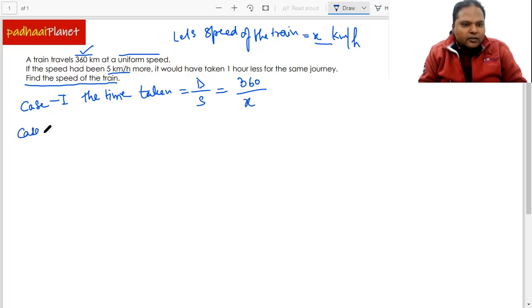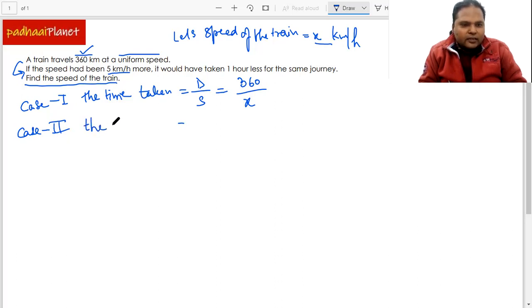Similarly, now look at case number two, the situation number two. It says that if the speed had been 5 kilometers per hour more, so instead of x, in the second case it becomes x plus 5, then the time taken would have been 1 hour less. So first let's see how much time it would have taken in case 2.